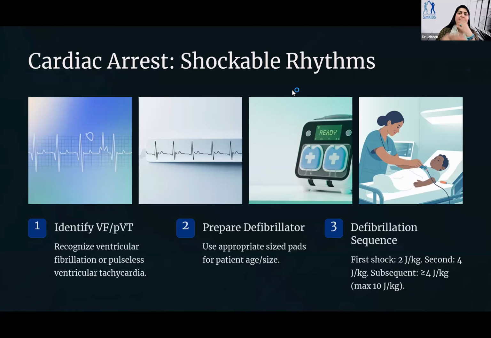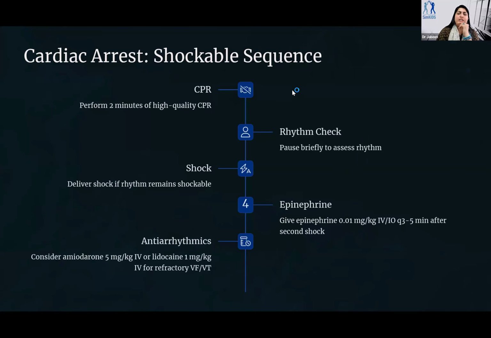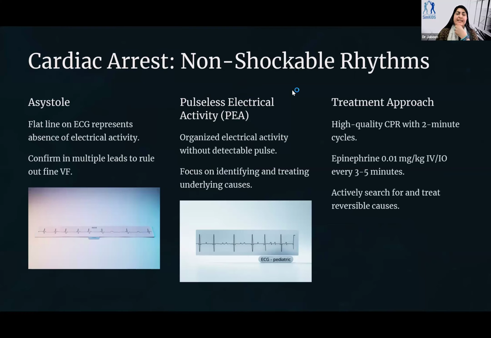So this is CPR, check rhythm, provide shock, give epinephrine as soon as possible, and then give antiarrhythmic medication. While if it is asystole or pulseless electrical activity, your treatment is high quality CPR, epinephrine as soon as possible, repeated every 3 to 5 minutes, and actively search and treat for H's and T's.